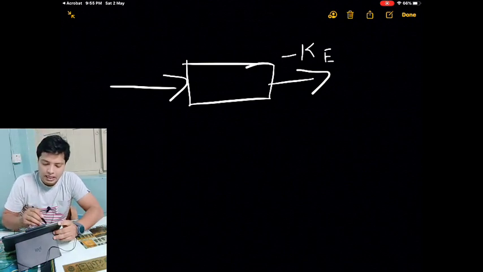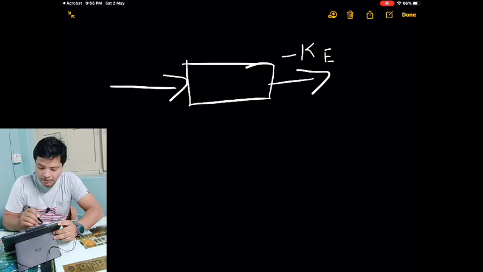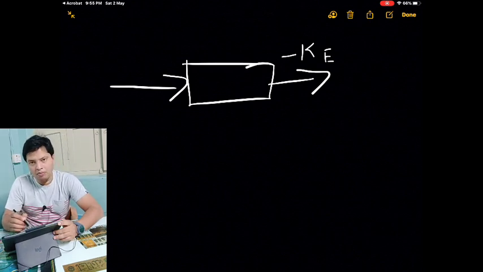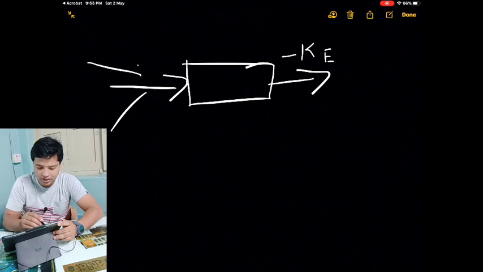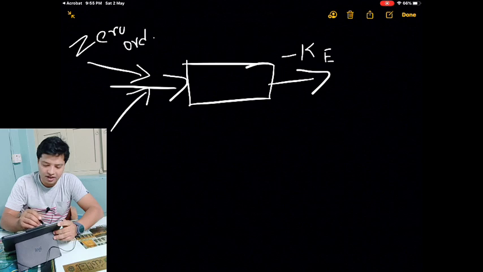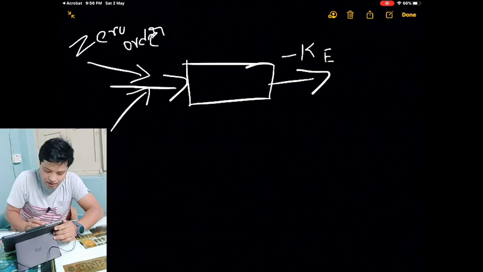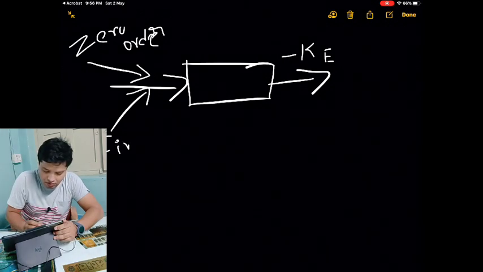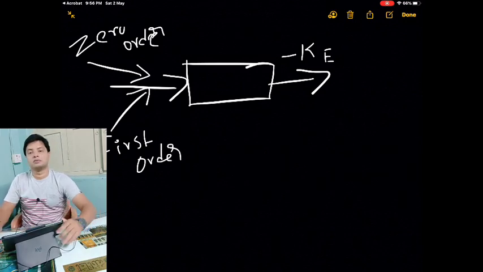But in the process of administering the drug to the one compartment, it is again divided into two. One is we can give the drug in zero order fashion, or we can give the drug in first order fashion.